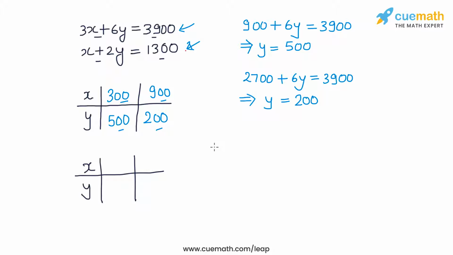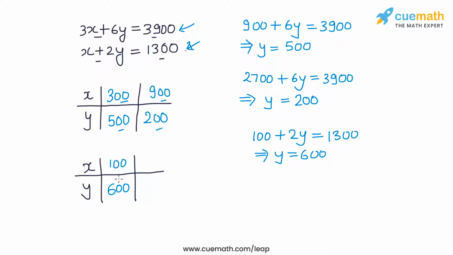If I take x equal to 100, I get 100 plus 2y equal to 1300, which gives me y equal to 600. So 100 comma 600 is one solution of this equation.